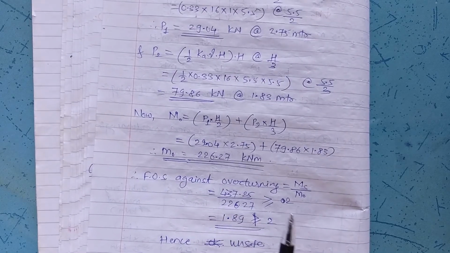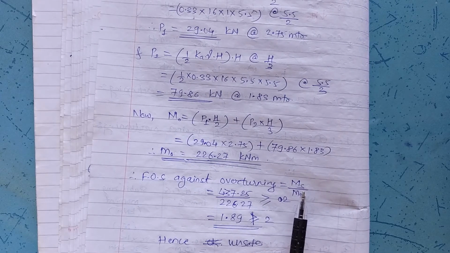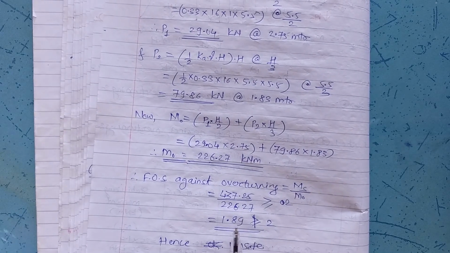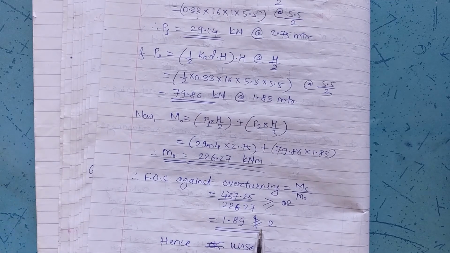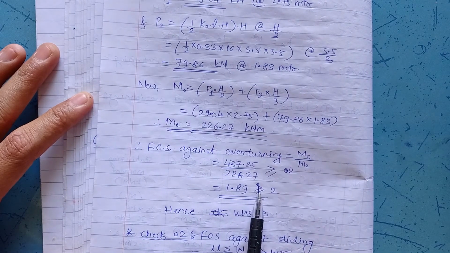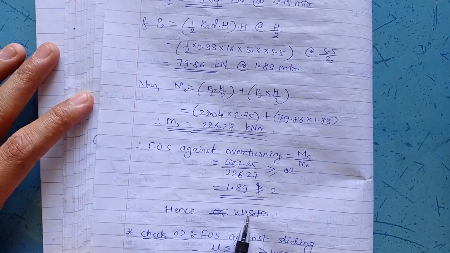Now this is the equation to give the check against overturning, that is stabilizing moment divided by overturning moment, and this ratio should be greater than or equal to 2. When solving this equation we get this ratio as 1.89, which is not greater than 2, hence we can say the section is unsafe against overturning.